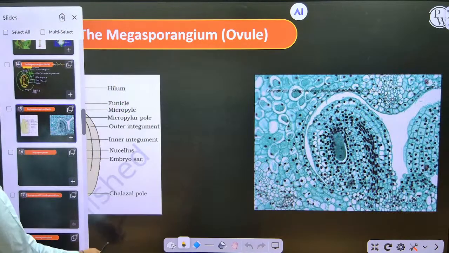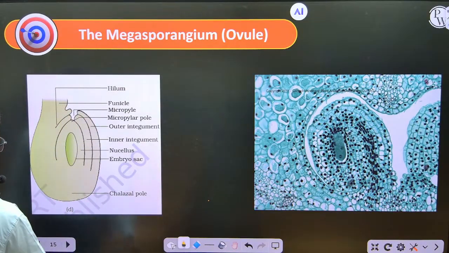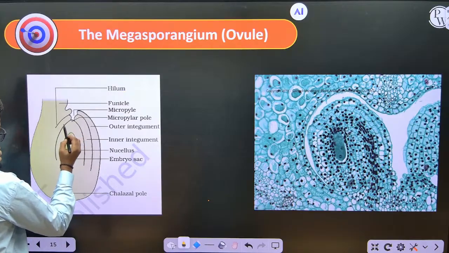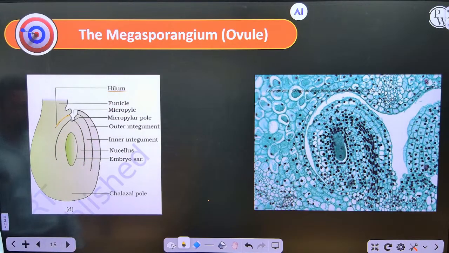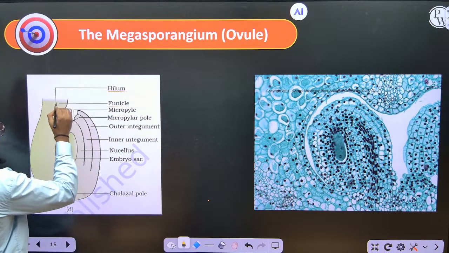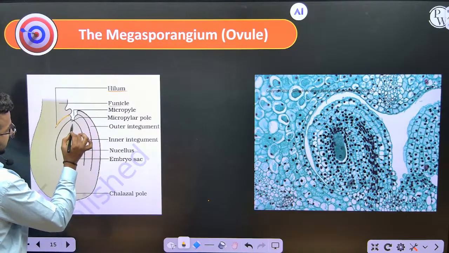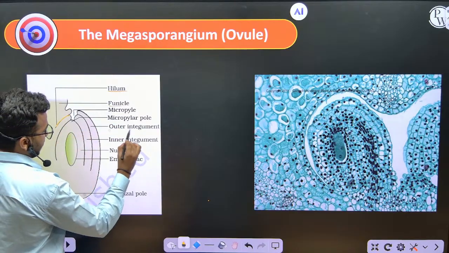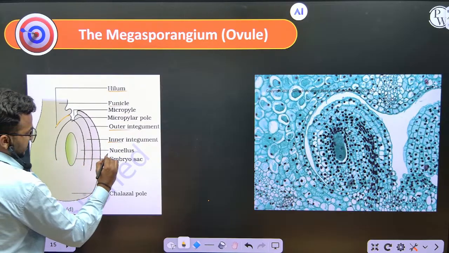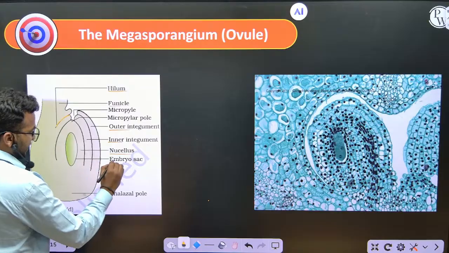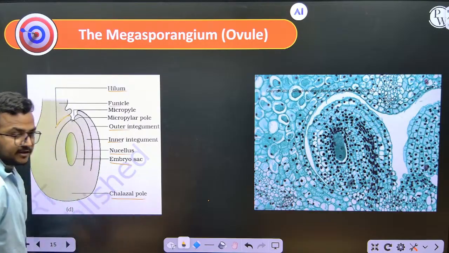You can see the NCERT diagram. The hilum is the junction between the ovule and the funicle. The funicle is the start of the ovary. This is the micropylar end, the outer integument, and the inner integument. Next to that is the nucellus, then the embryo sac, and the swollen base, the chalaza.